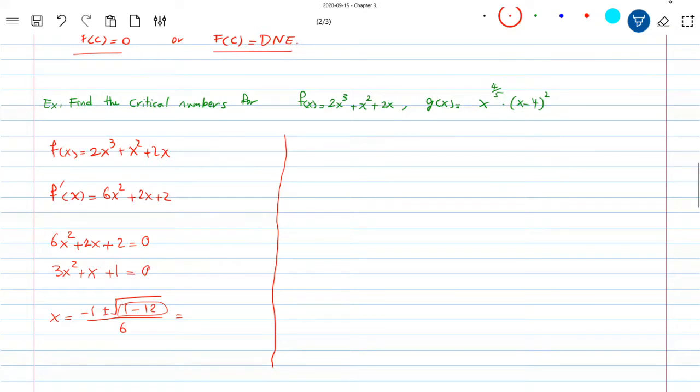Let me make sure that I wrote the derivative correctly. Yes. So this is where I can say here, negative 11 divided by 6. I can say the derivative does not have any solution because underneath the square root is a negative number. So that means this function f has no critical number.